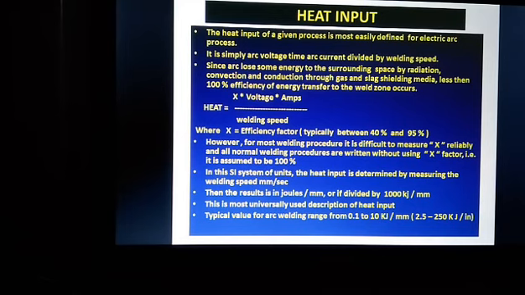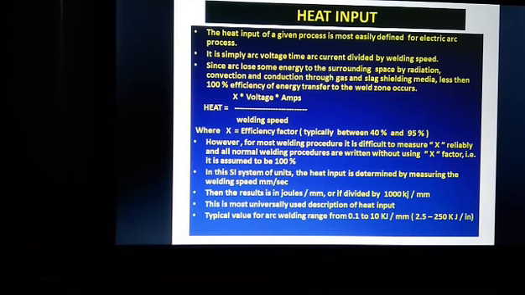Since the arc loses some energy to the surrounding space by radiation, convection and conduction through gas and shielding media, less than 100% efficiency of energy transferred to the weld zone occurs. Heat is equal to X times voltage times amperes divided by welding speed, where X is the efficiency factor.